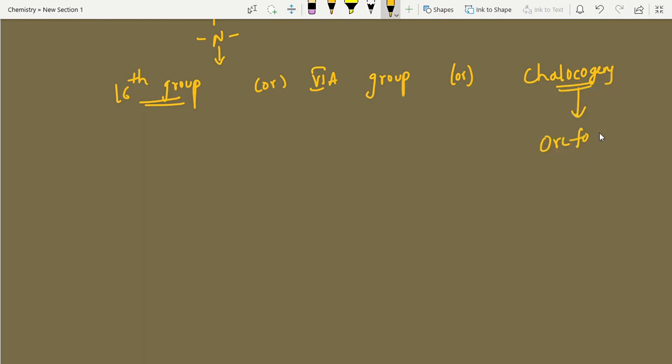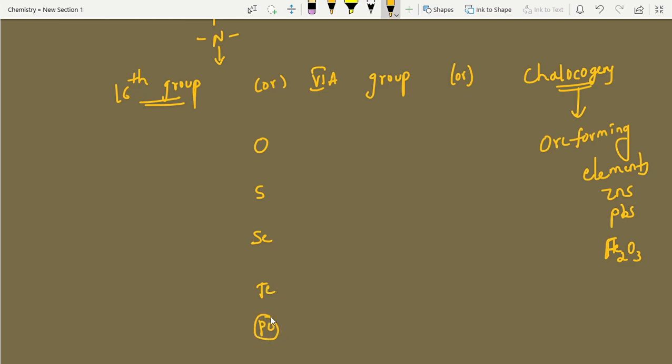Most of the ores, ZnS, PbS, hematite, magnetite, Fe3O4, are all available in the form of oxides and sulfides. So see, oxygen, sulfur, selenium, tellurium, polonium.